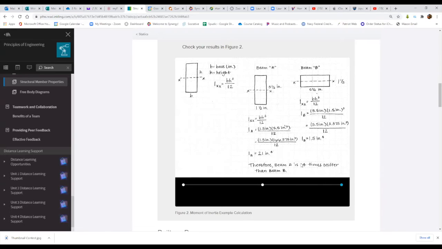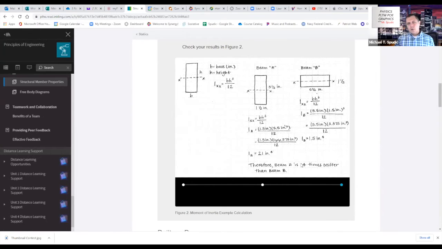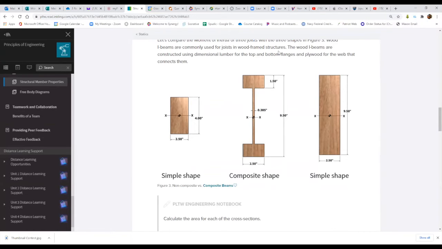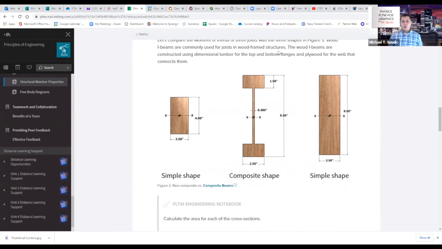They did 21 divided by 1.5 to see how many times stiffer it is. Not really subtraction. You're not going to have to worry about how to calculate the moment of inertia for this shape right now. In this unit, we see how many times, not by subtraction. In general, that's how you normally compare two things.